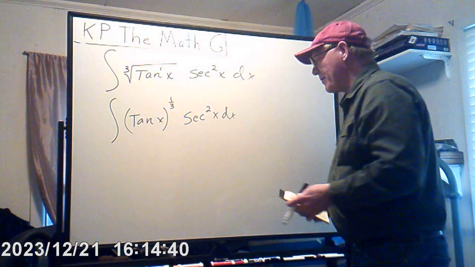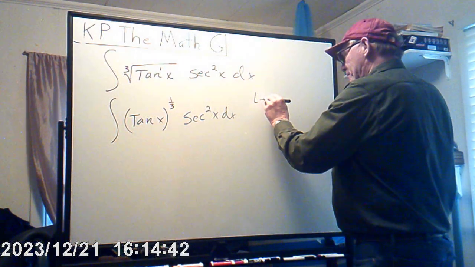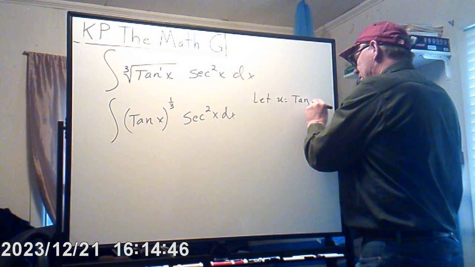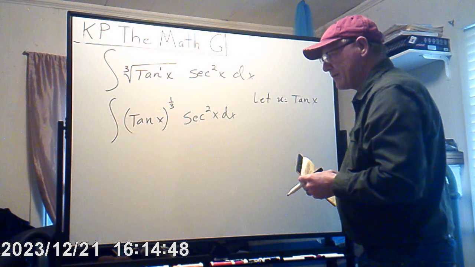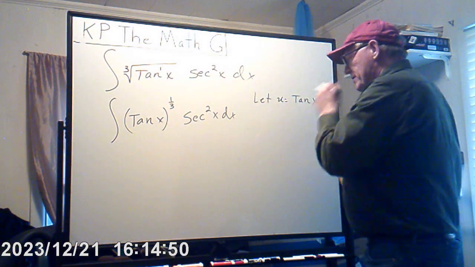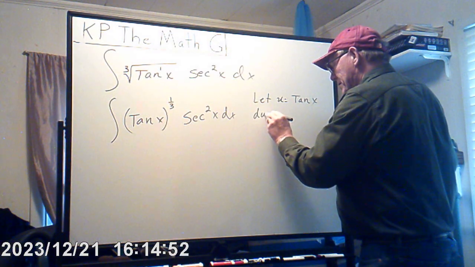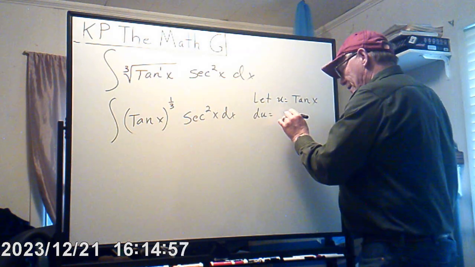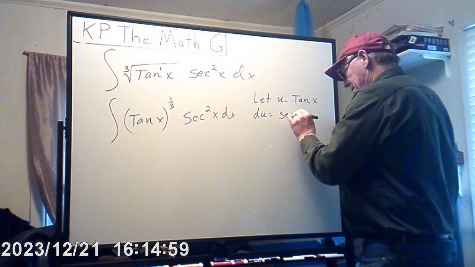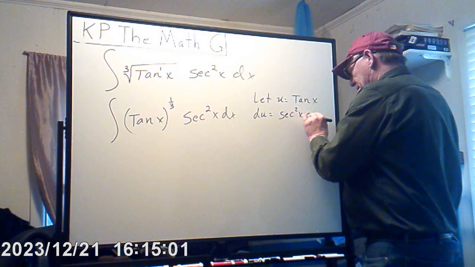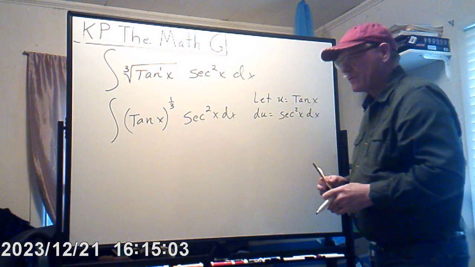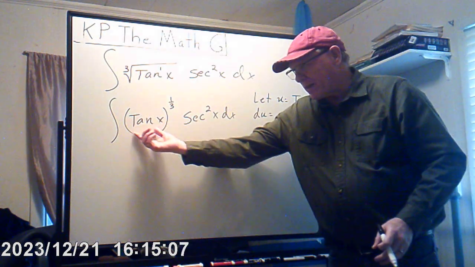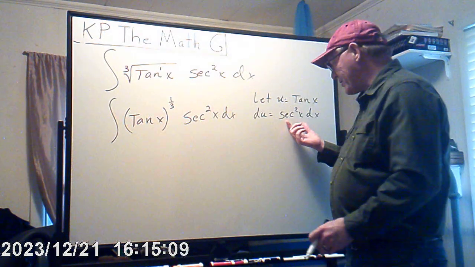Alright, so let's do that. Let u be equal to tangent x. Alright? Then du is equal to secant squared x dx. Like that. Okay? We just happen to know that if I take the derivative of tangent, I'm going to get secant squared x.